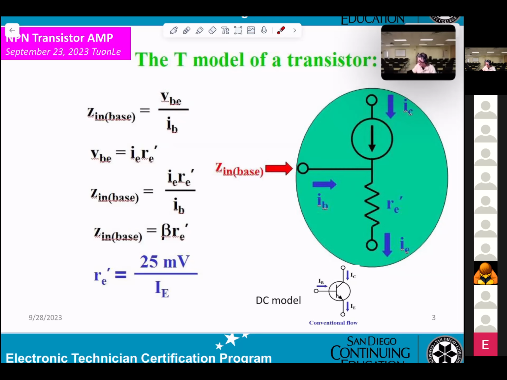And then Zin base will be equal to IE times r'e divided by IB. Finally, that's what you want to get here. If you want to calculate the input impedance, it will be beta times r'e.